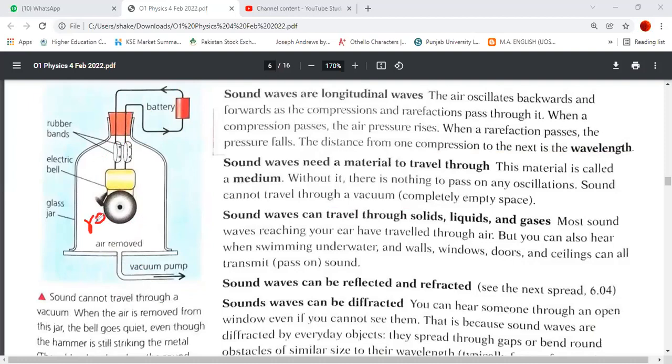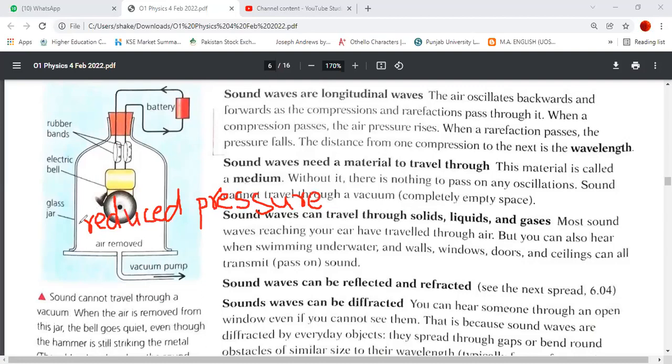Since the pressure is reduced, the sound also reduces. Pressure is reduced, meaning sound is also less. So you will hear less sound; it will not be loud.